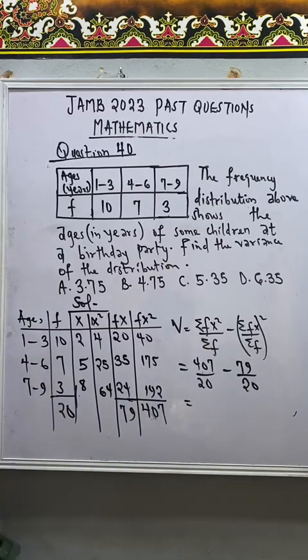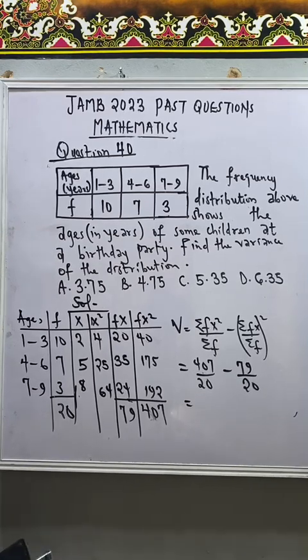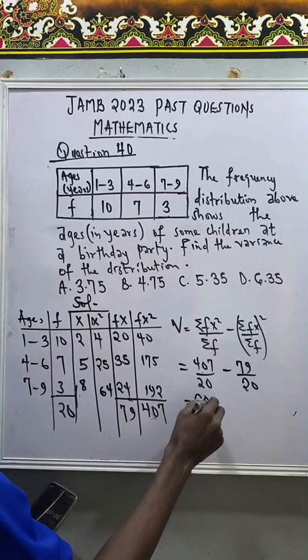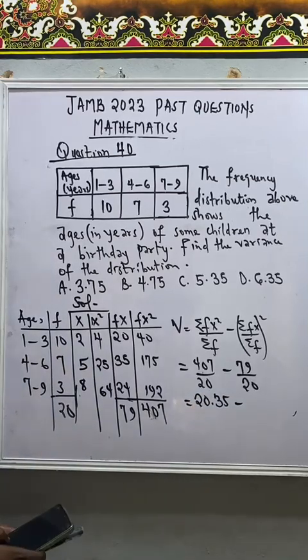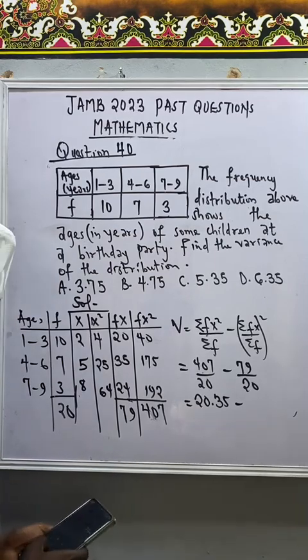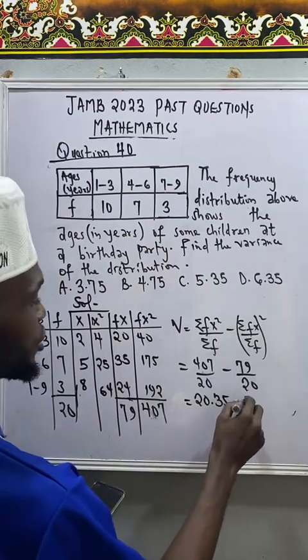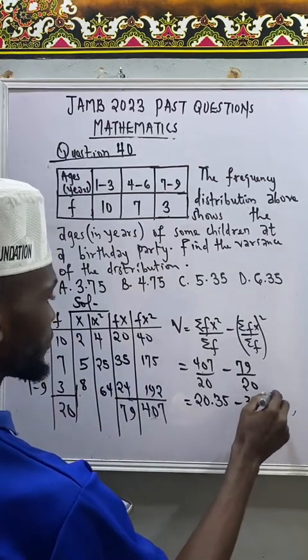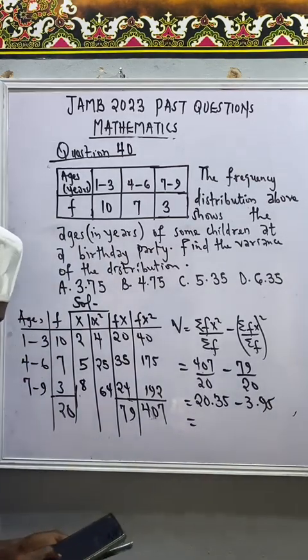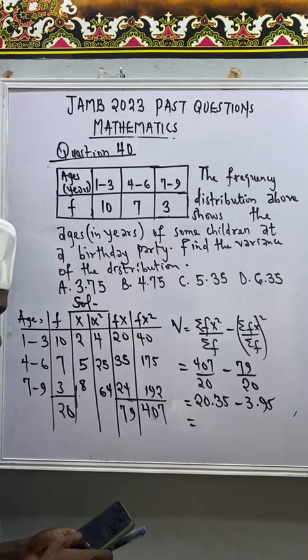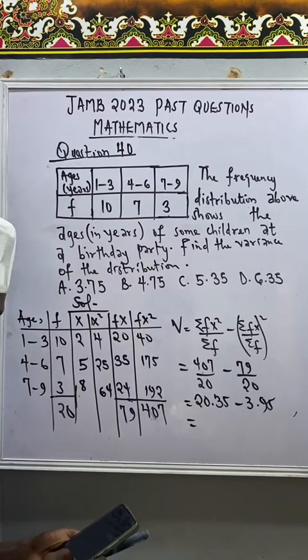Now, let's compute this. It's 407 divided by 20. That gives me 20.35, minus 79 divided by 20. That gives me 3.95.